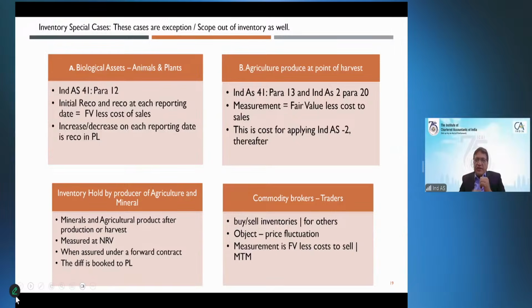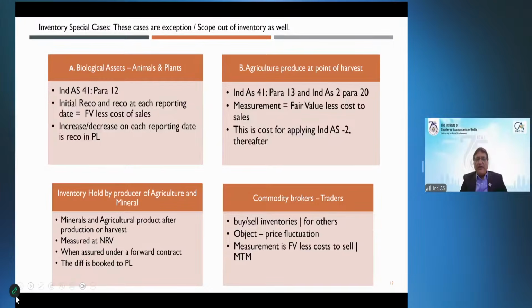Now, in the first year and second year, whatever cost you have incurred, how do we account for it? So the cost is normally accounted for. But at the end of every year, Ind AS 41, para 12, says that you value the plants and the animals at fair value less cost to sell. So at the end of the first year, the second year, and the third year, I will revalue my animal.